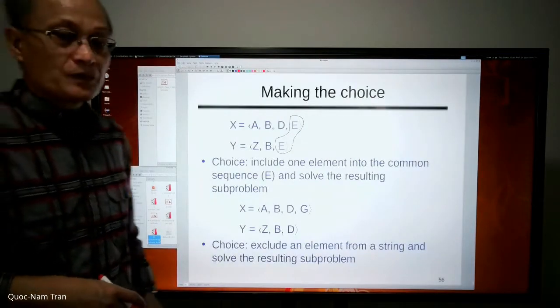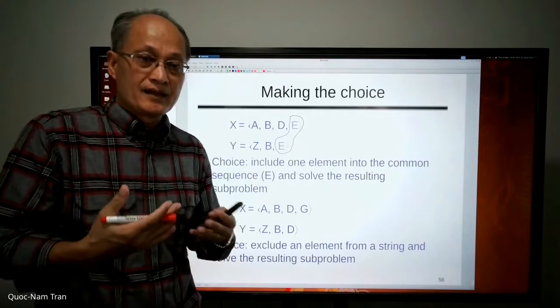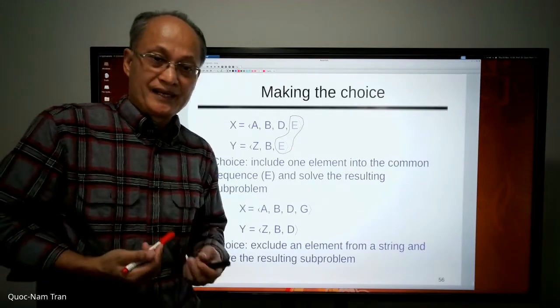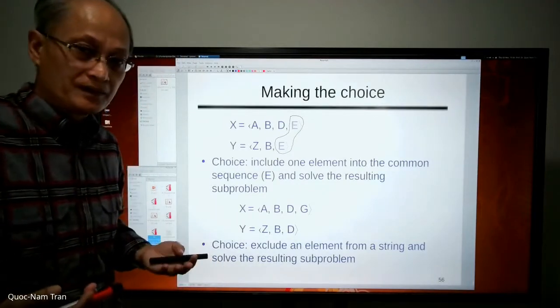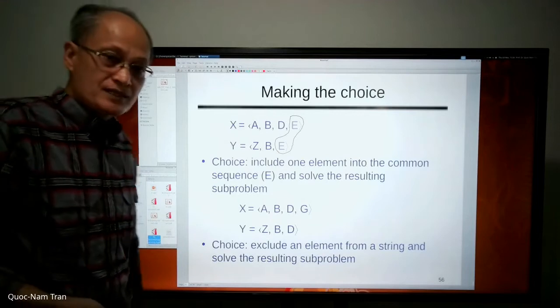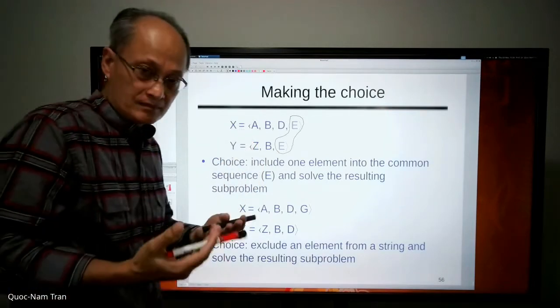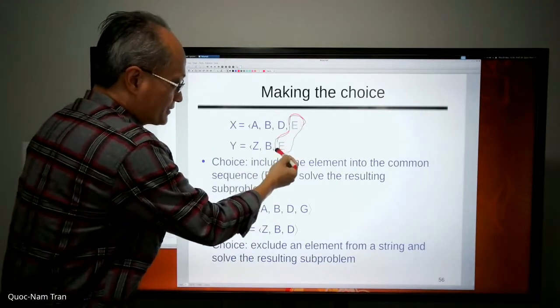Okay, so we want to design the algorithm by breaking the big problem into the smaller one, right? So that's why we want to see what we can do. We will try to see if the two sequences have the same elements.